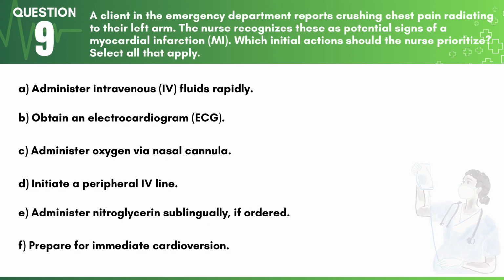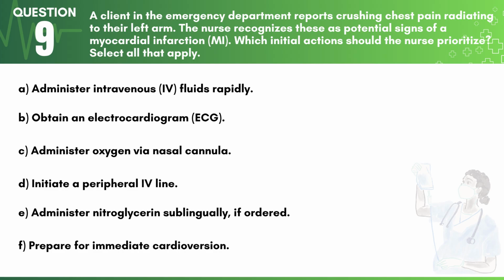Question 9. A client in the emergency department reports crushing chest pain radiating to their left arm. The nurse recognizes these as potential signs of a myocardial infarction, MI. Which initial actions should the nurse prioritize? Select all that apply. A. Administer intravenous fluids rapidly.